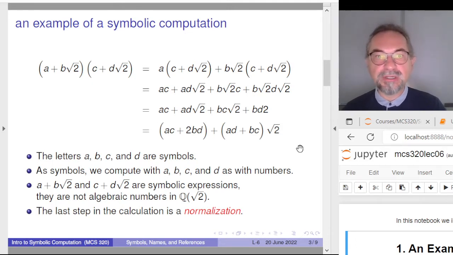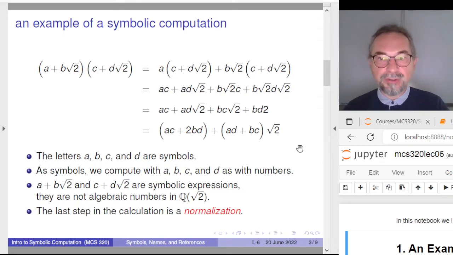So this is a purely symbolic computation, and this is an example of expression manipulation. So it is a symbolic computation because we compute with all the symbols as if they were numbers. So that's another way to explain what is symbolic computation.